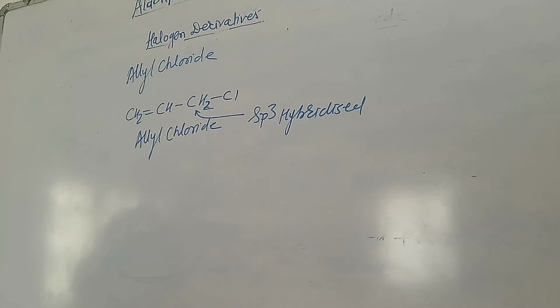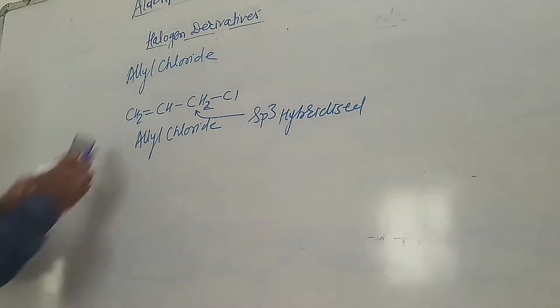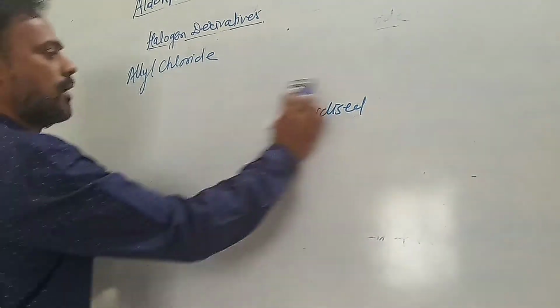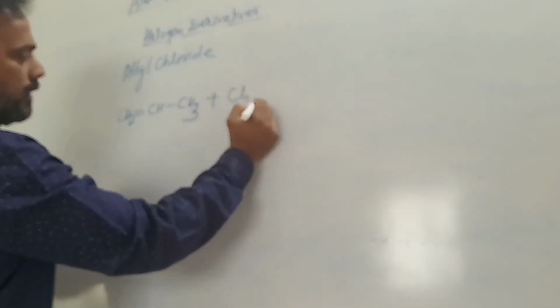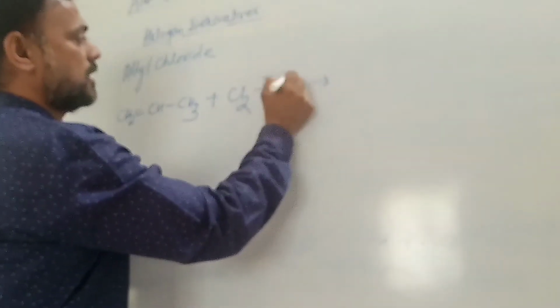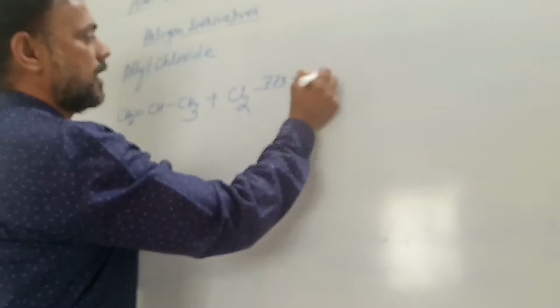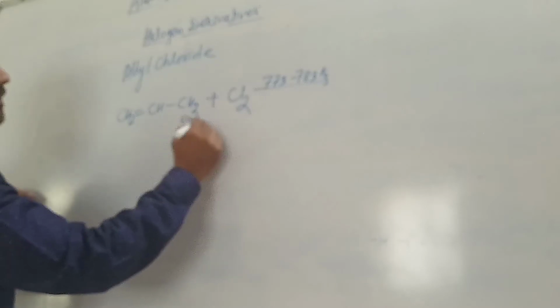Now we see the preparation of allyl chloride. When propene is heated with chlorine at 773 to 783 K, an HCl molecule is given out.